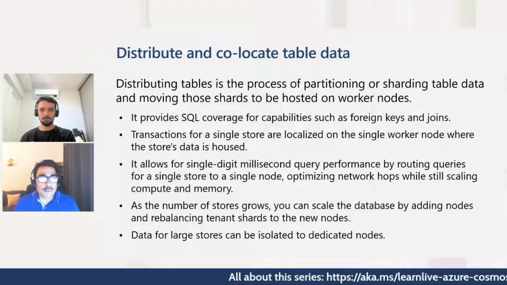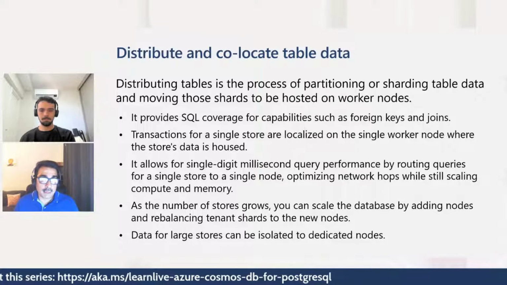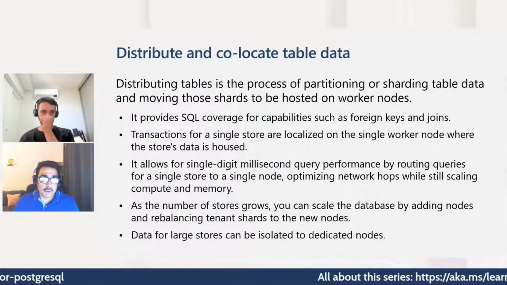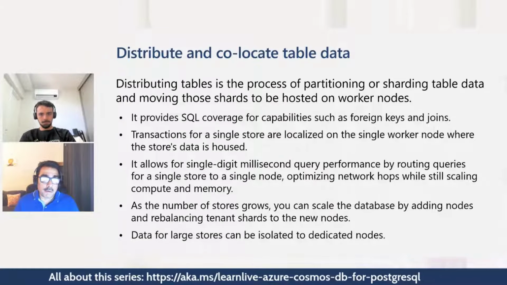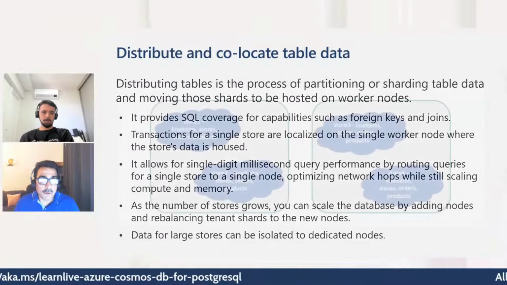So this is how we are going to be distributing and co-locating the table data. In the subsequent step, you'll see the functions which you're going to use to distribute the table, and ensuring that the main table along with the other tables are co-located. So next slide, Lucas, if you can.